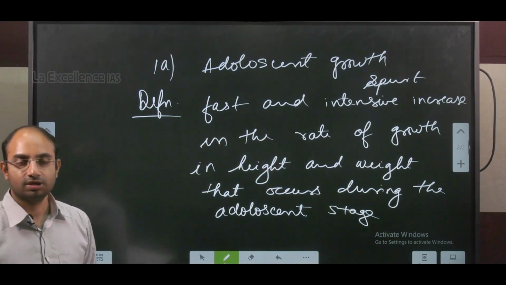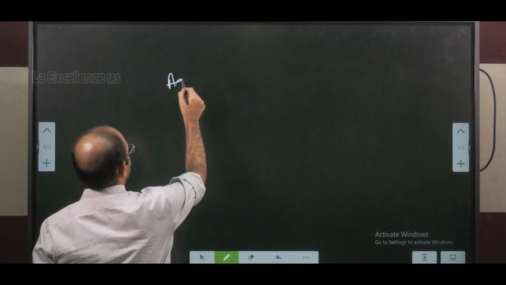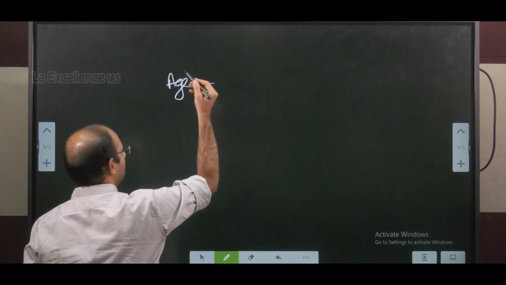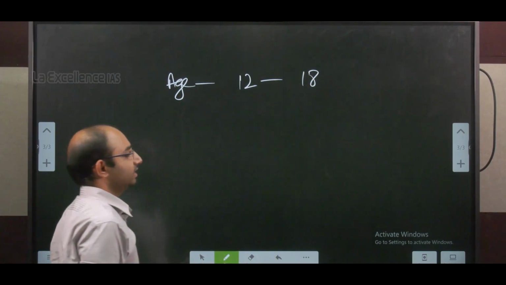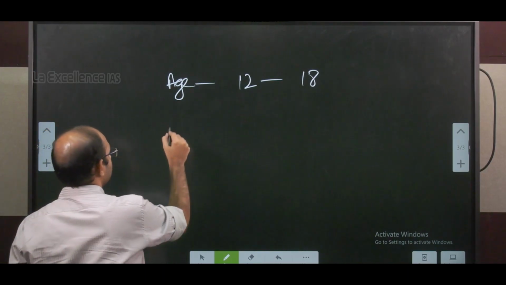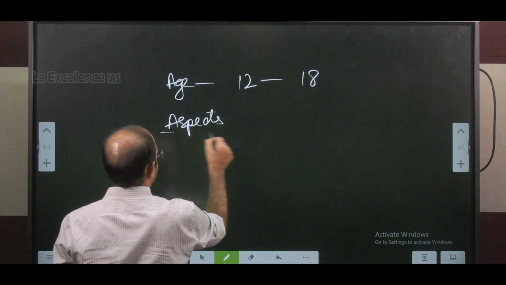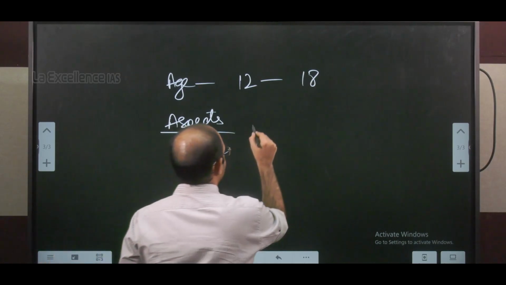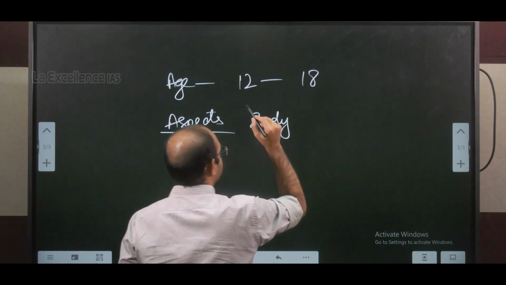First, define this and then tell roughly what age period you have this. It happens between 12 to 18 years. In that age, you see adolescent growth spurt, and then discuss the aspects of this growth spurt. What are the different aspects of this? What are the changes that happen in body size in adolescence?